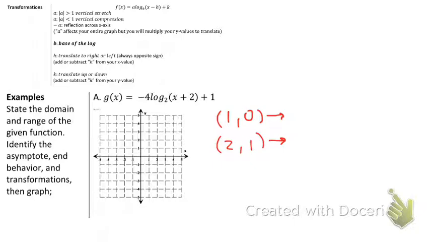Now let's apply our a, h, and k. Our a value is -4. Our h value, instead of +2, is going to be -2. We want to switch the sign. And our k value is +1.